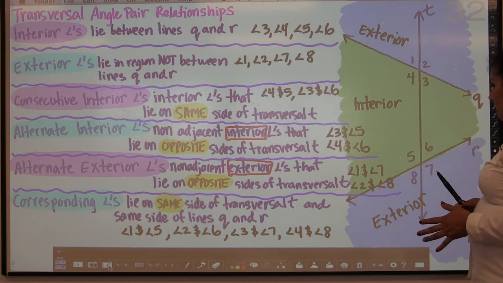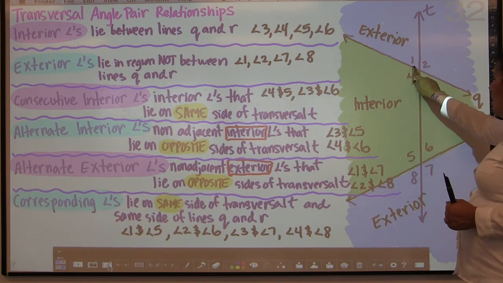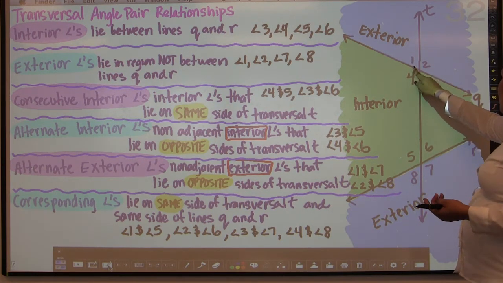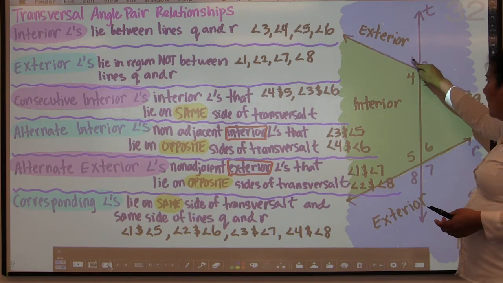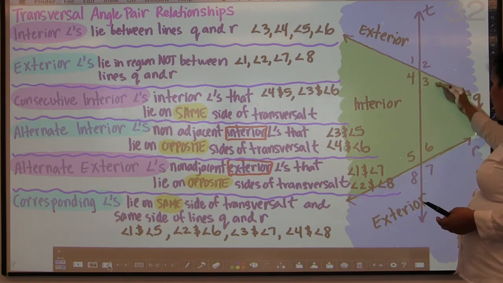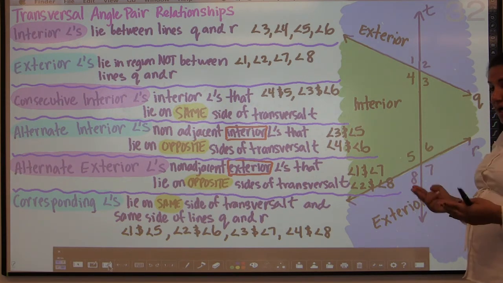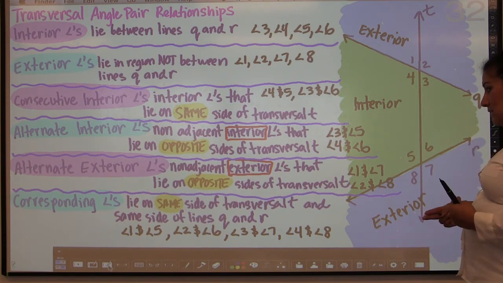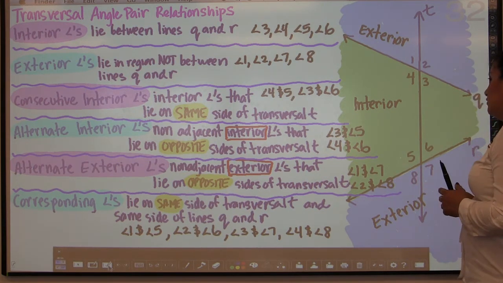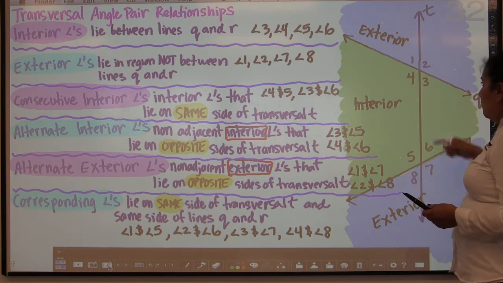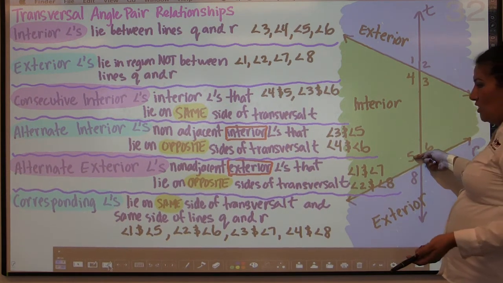All right? So for example, we have 1 and 5. In other words, angle 1 is above line Q, and angle 5 is above line R. So both angles are above their respective lines, and both angle 1 and angle 5 are on the same side of the transversal, in this case the left. So angle 1 and angle 5 would be an example of corresponding angles.